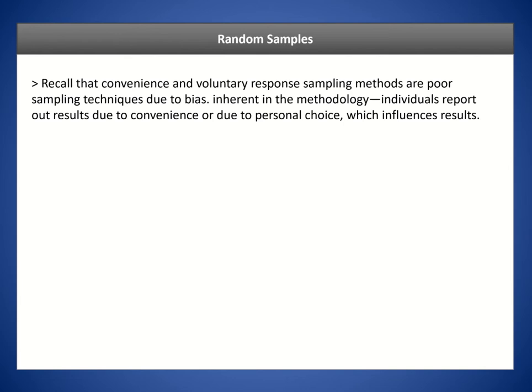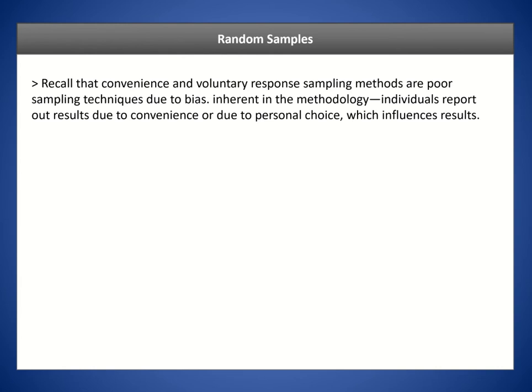People that arrive early or are conveniently close to you have a higher chance of being selected, and we don't want that. That eliminates diversity in the sample, which means that you're not taking into account multiple people, and that's the point of trying to estimate the population, is that there's a variety of individuals in the population, whether they're human or animal, whatever you're trying to study, or inanimate objects, anything. There's a variety of characteristics that you want to take into account.